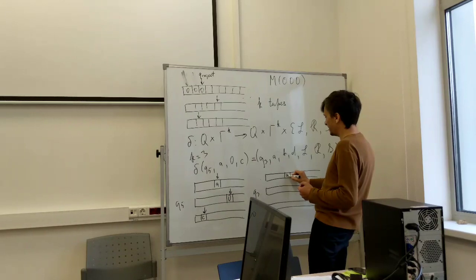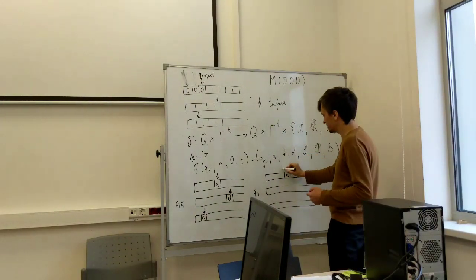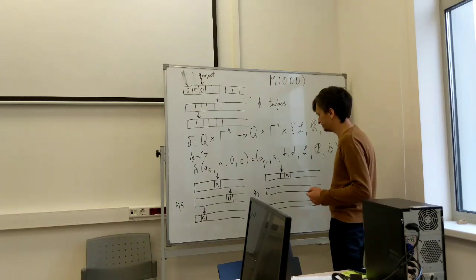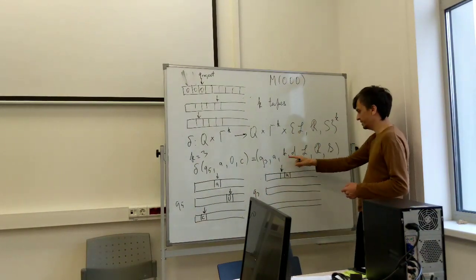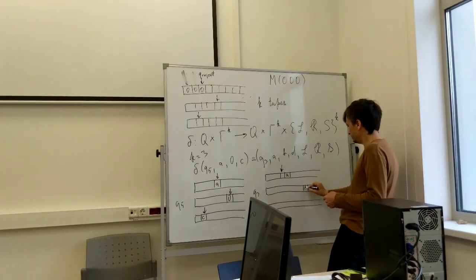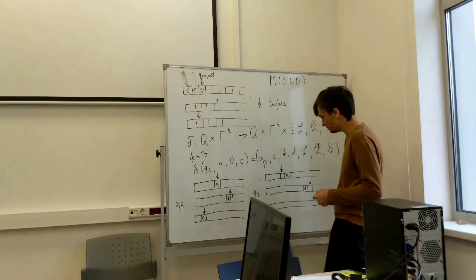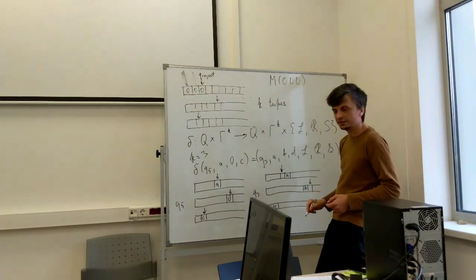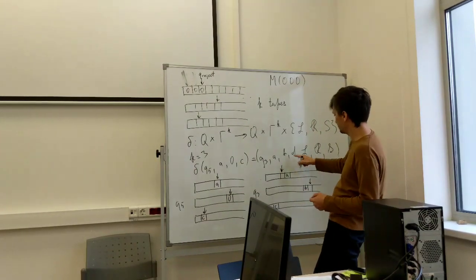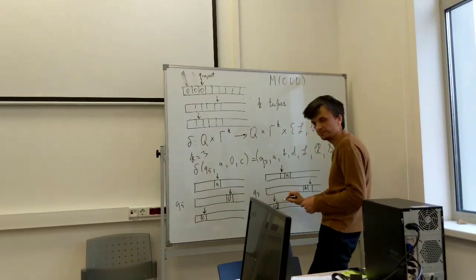This symbol remains A, but now we move this head to the left, so we point here. The 0 has been changed into B, and we move right. And the C, oh, no, it doesn't remain C, it becomes D. And we stay here.